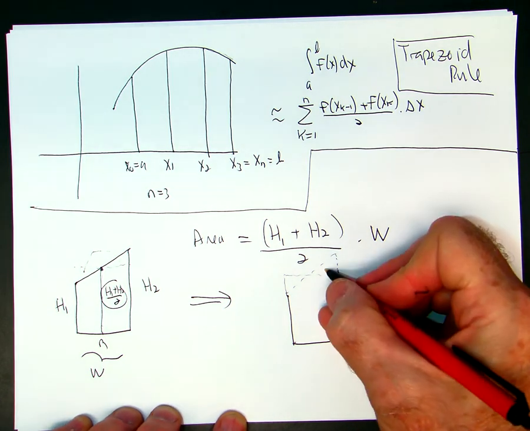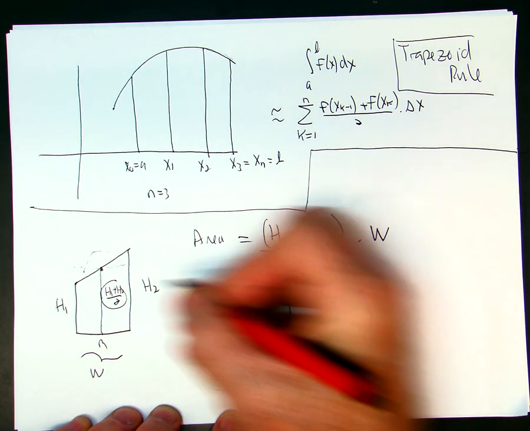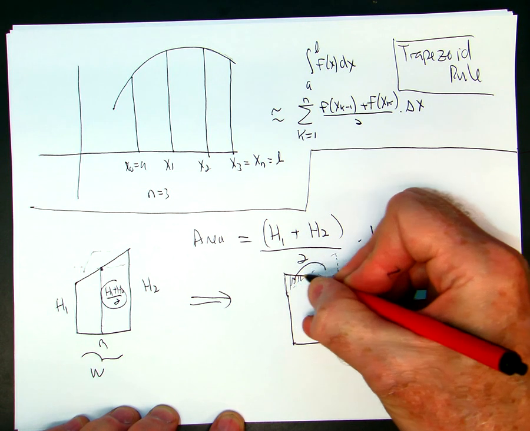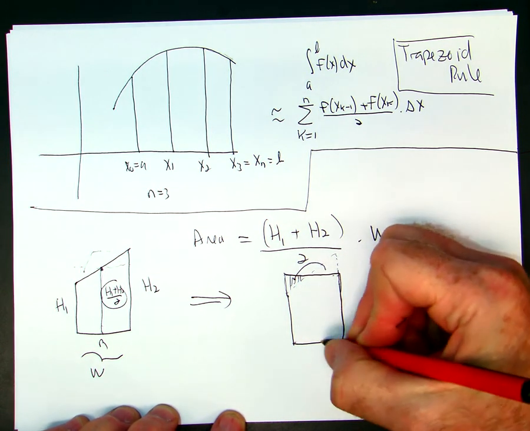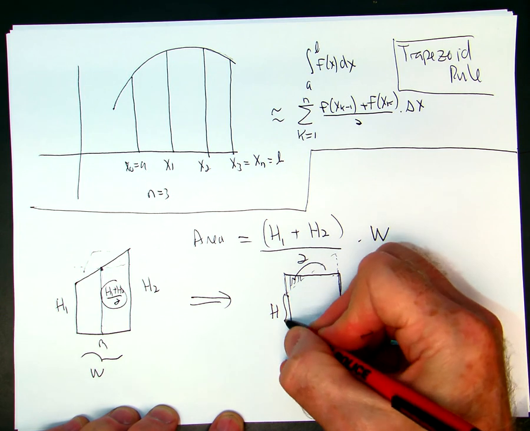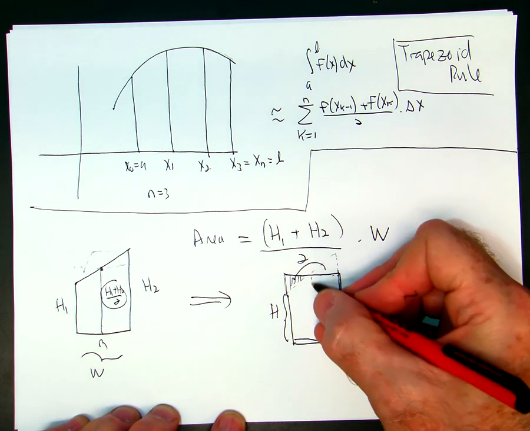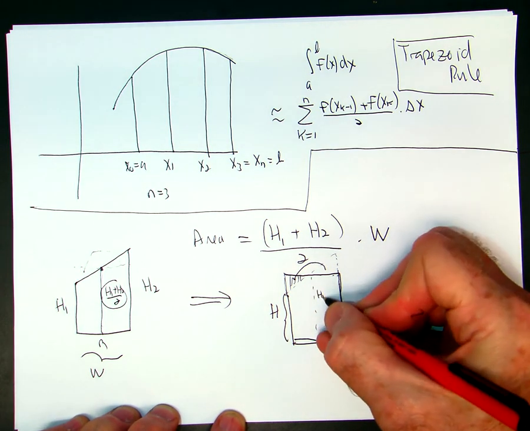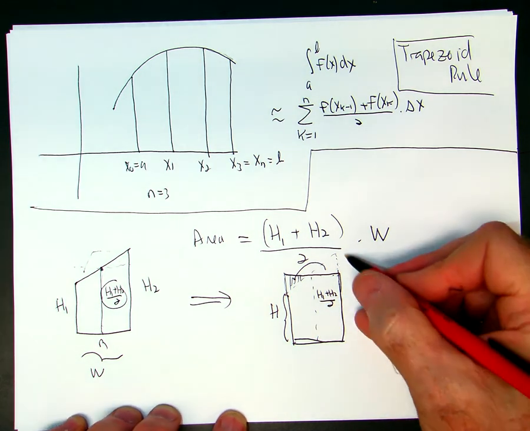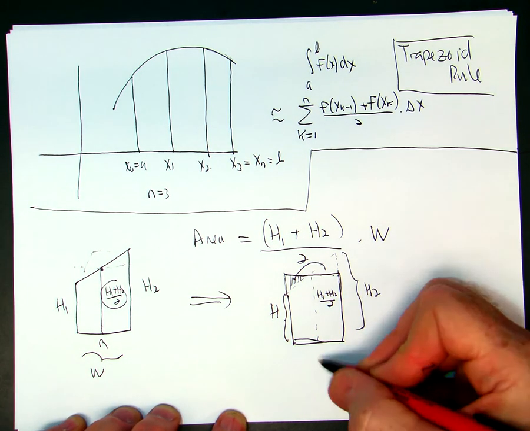So what I'm going to do is move this piece over here, just like I'm doing there, and that's going to give me this as my area. So this height right here is h1 plus h2 over 2, and this was the original h2, and here's the width.